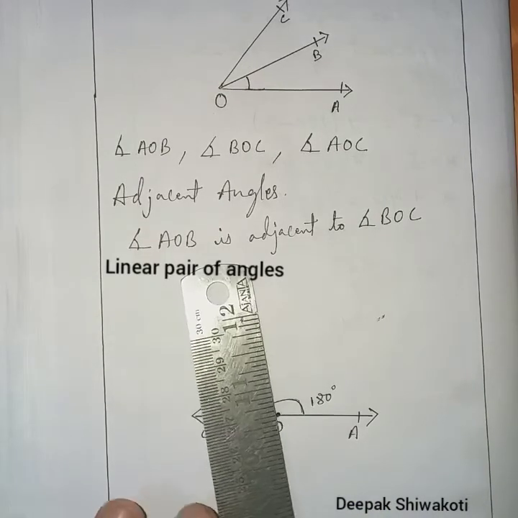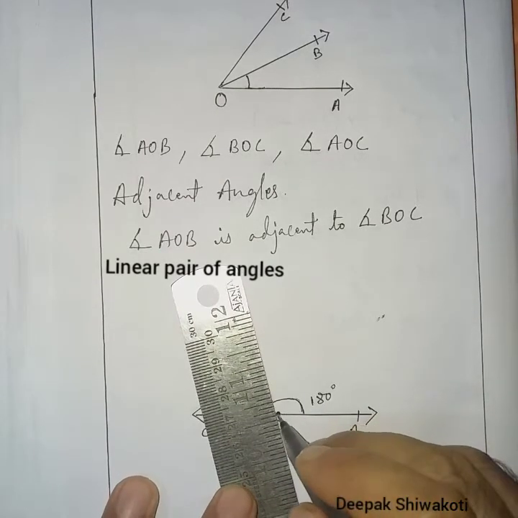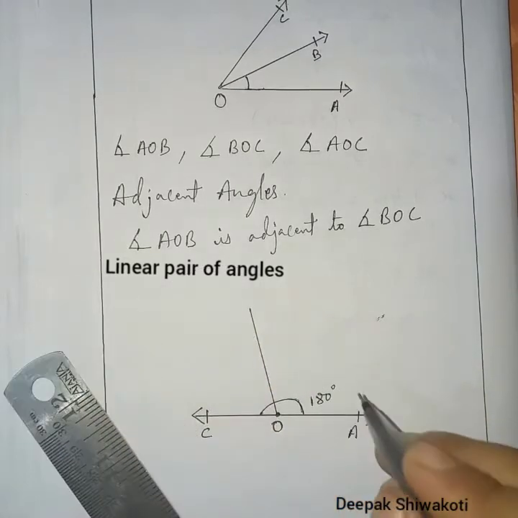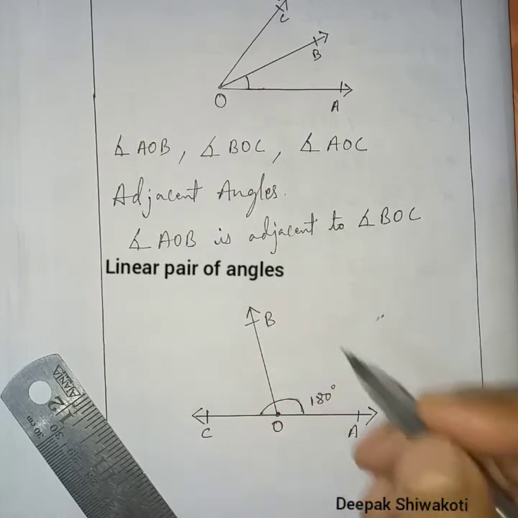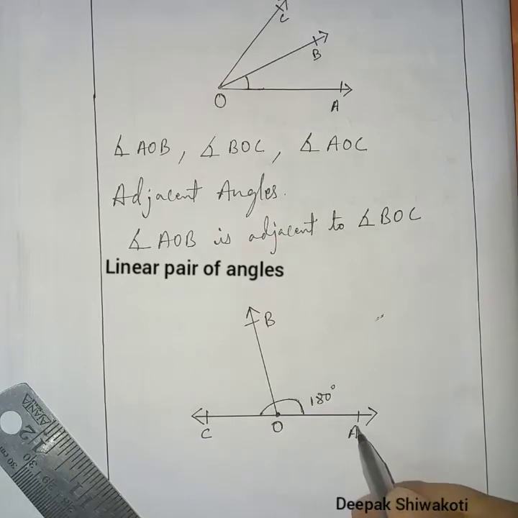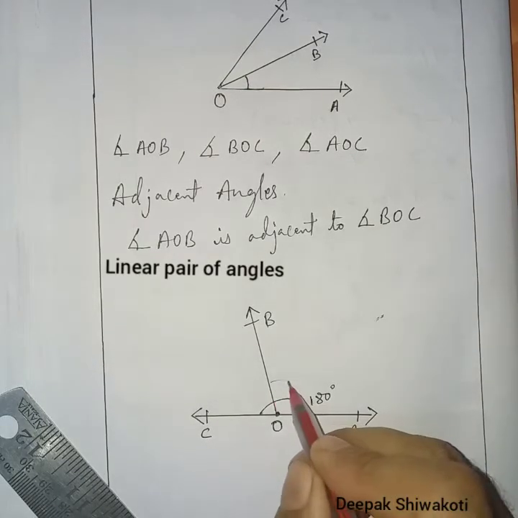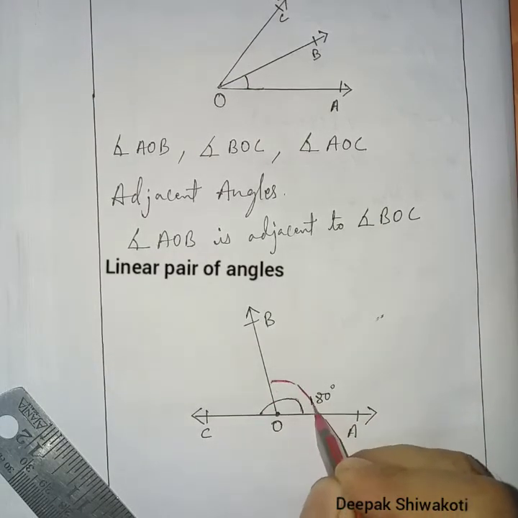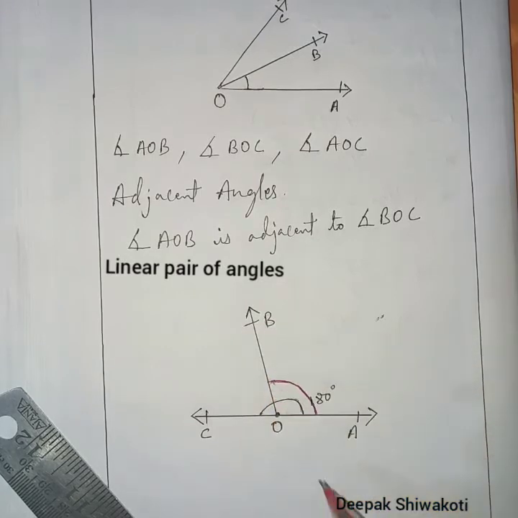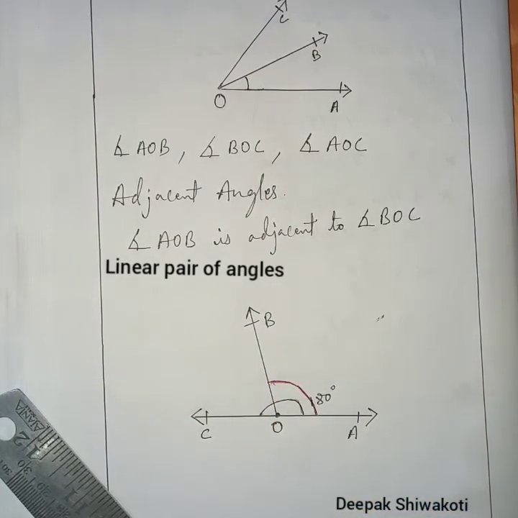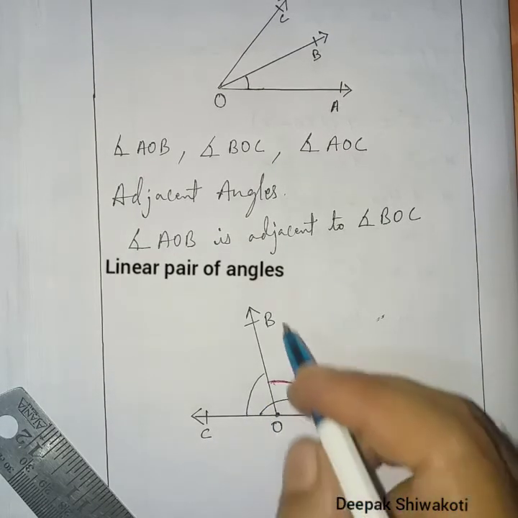But if another third ray comes out from the same point of origin, suppose here is another ray OB, okay, then this angle AOB, which I am marking with this red pen, is adjacent to this angle BOC.